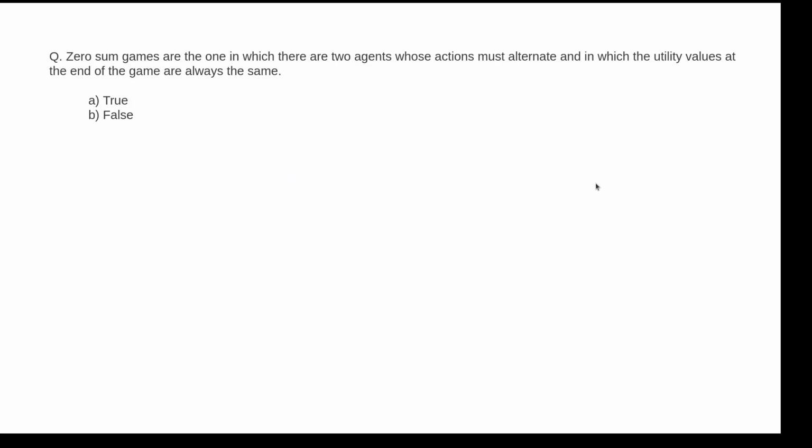Next question: zero-sum games are the ones in which two agents, whose actions must alternate, and whose utility values at the end of the game are always the same. Is it true or false?